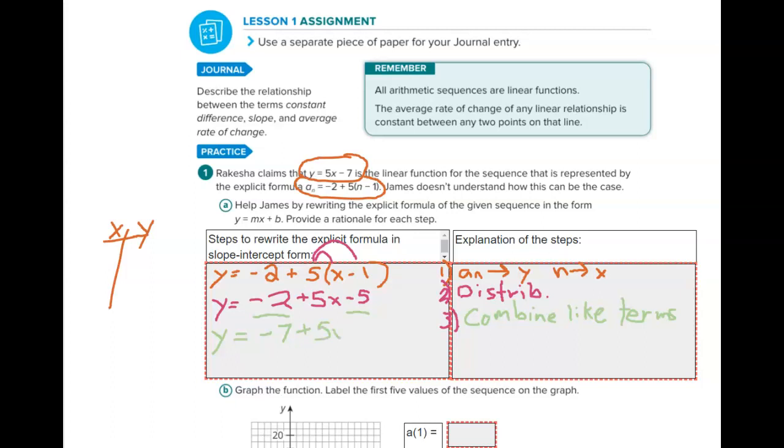Now we're almost there. If you compare this to this, we're very close. We just need to flip the -7 and the 5x into reverse order. Fortunately, there is a property that lets us do that.